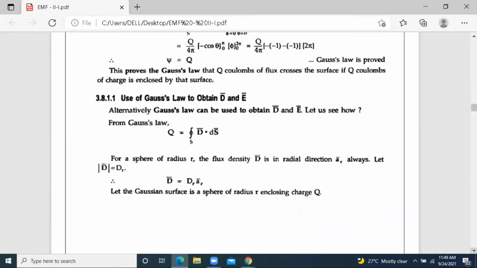So Q equal the integral over the surface of D dot ds.